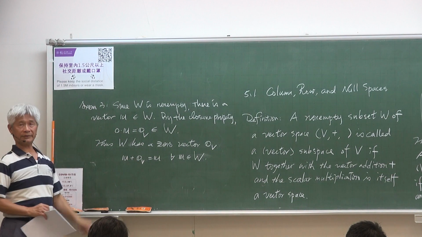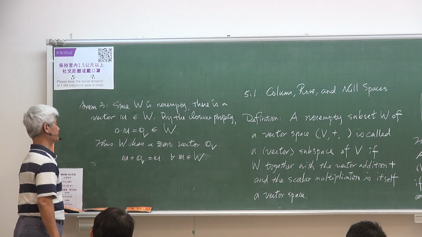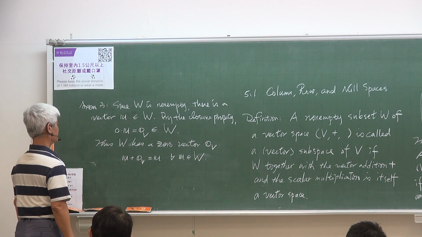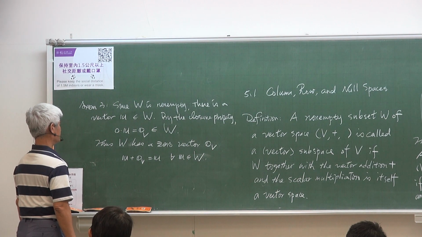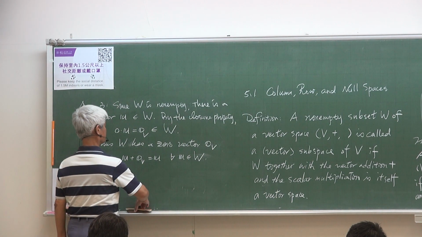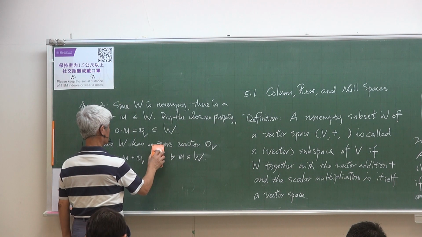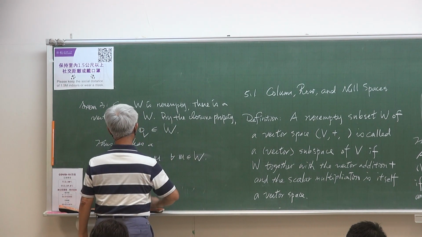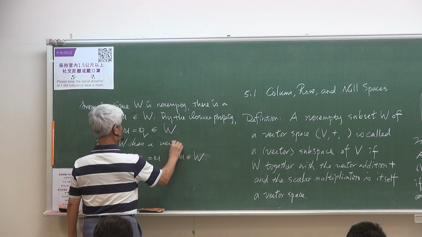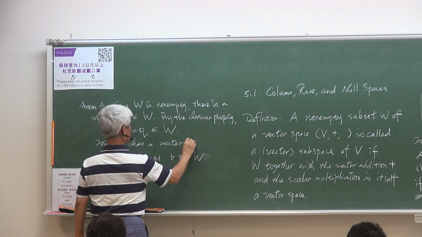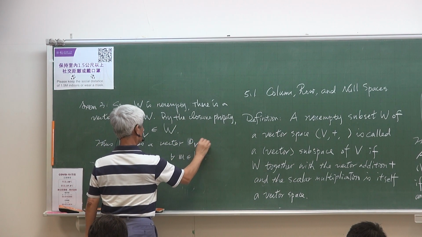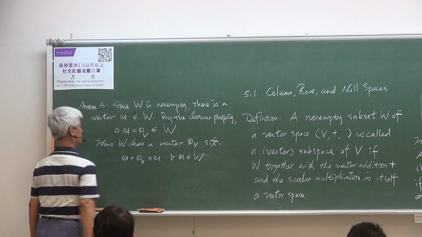So we have axiom number 3. So W has a vector such that this is true.